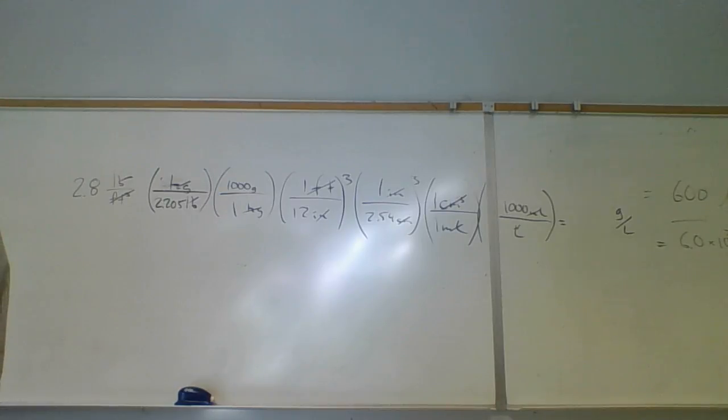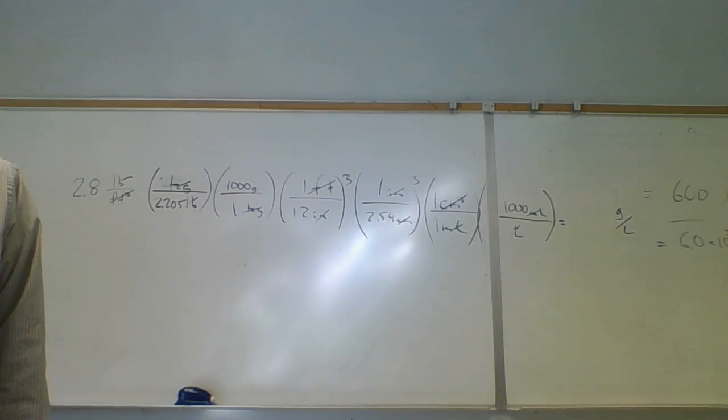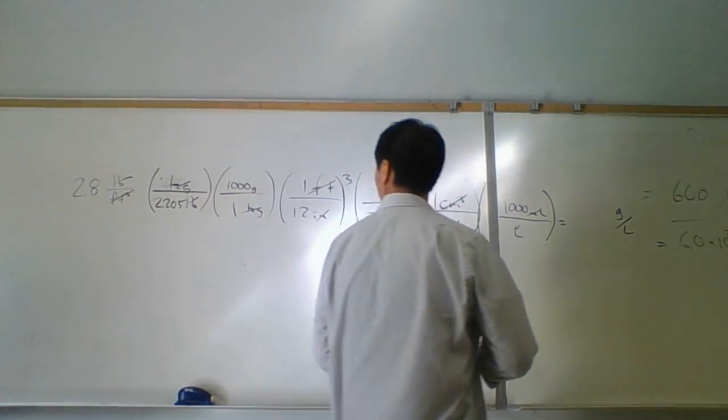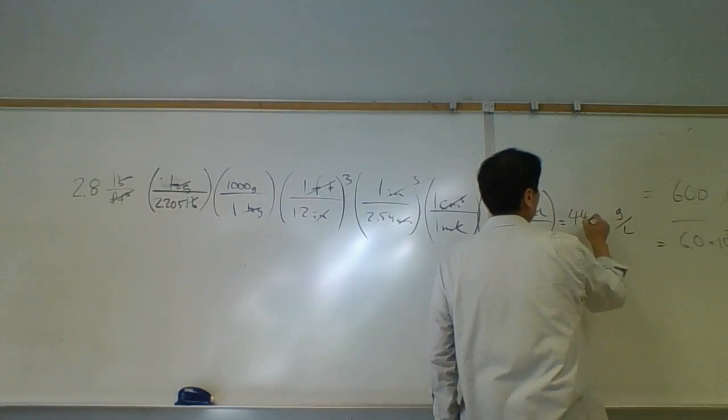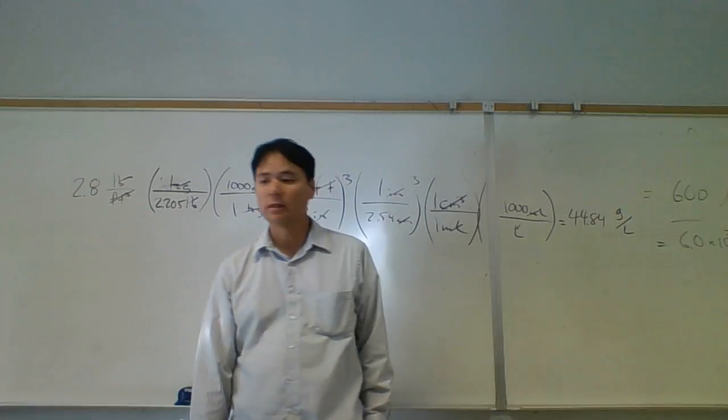No, I don't. I could save time by not doing parentheses. I'll just cube it. Boom. It's 12 cubed. Divided by 2.54. Again, I don't need the parentheses. I'm just going to cube it. Times 1,000. 44.84 grams per liter.